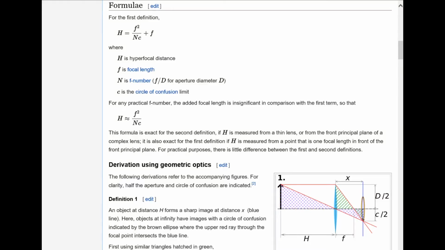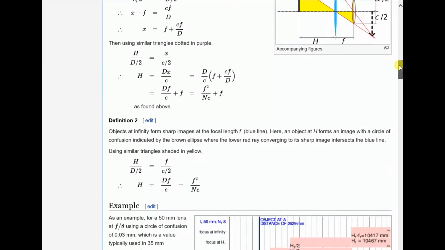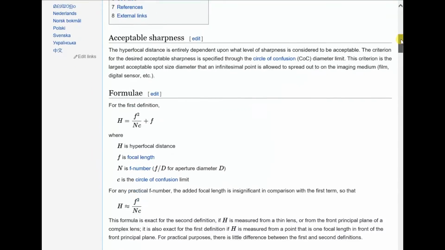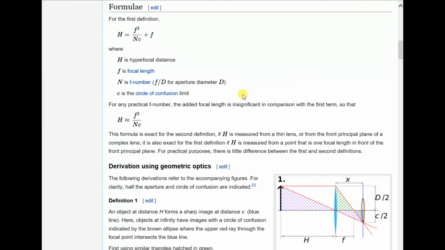Now, looking at Wikipedia, you're actually going to see the equation to work out hyperfocal distance, where you get the focal length, the aperture, and the circle of confusion limit. And you can read about the hyperfocal distance theory, the actual physics of it all, which I personally find pretty fascinating. If you have a look at f squared over N times c, plus f, here they're saying the added focal length is insignificant, so you can cut out that plus f and just leave it like that.